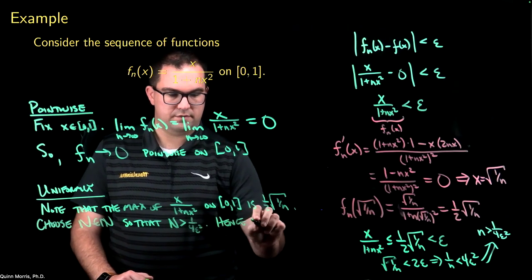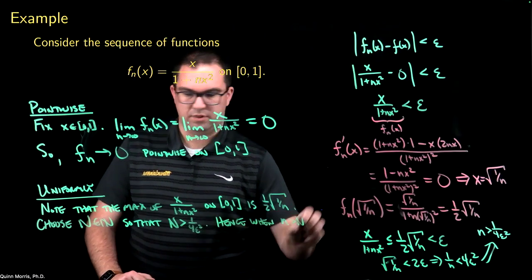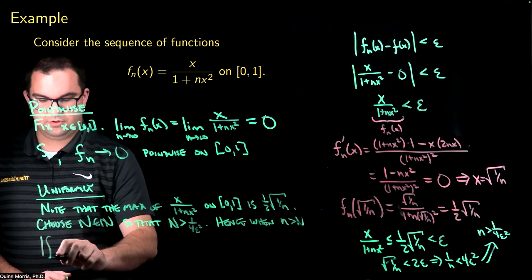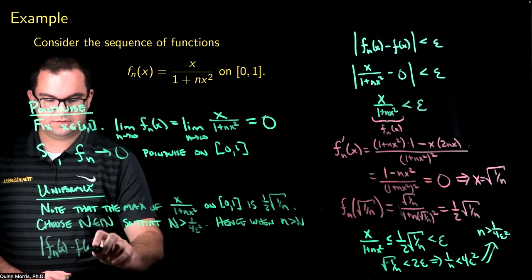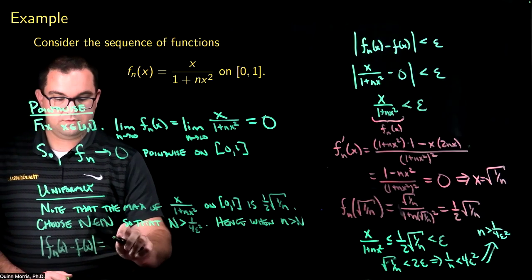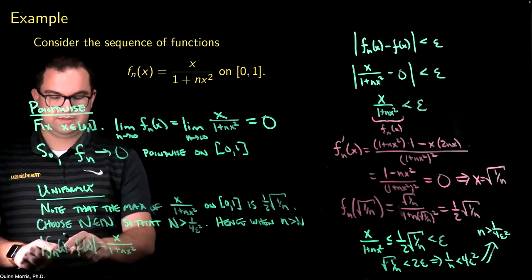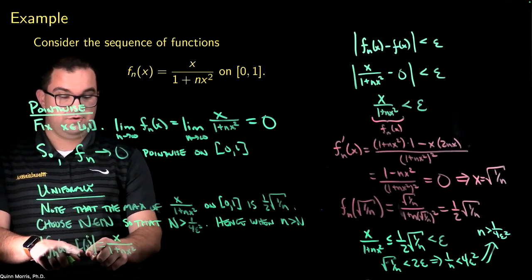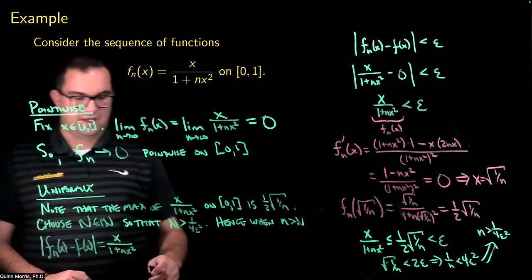Hence, when little n is greater than capital N, the absolute value of f sub n of x minus f of x, well, this is just going to end up being x over 1 plus nx squared. So that's this term minus 0 in absolute values, but this is always positive, so we drop the absolute values.